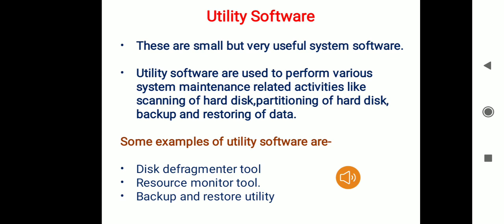Then comes system maintenance such as backing up of data and restoring such backed up data. Some examples of utility software are the Defragmenter tool, the resource monitor tool, and the backup and restore utility.